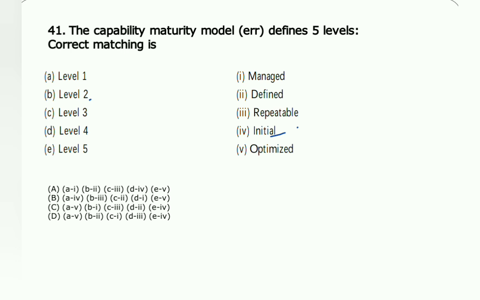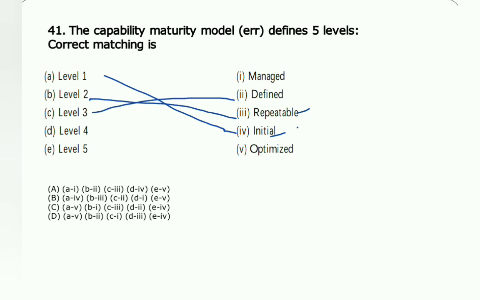So level 2 matches the repeatable and level 1 matches the initial. Why repeatable? Repeatable is a process that is at least documented sufficiently such that repeating the same steps may be attempted. Level 3 is defined.